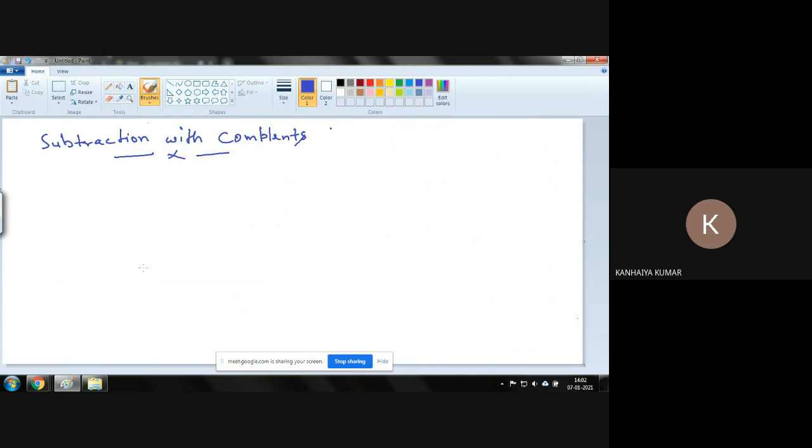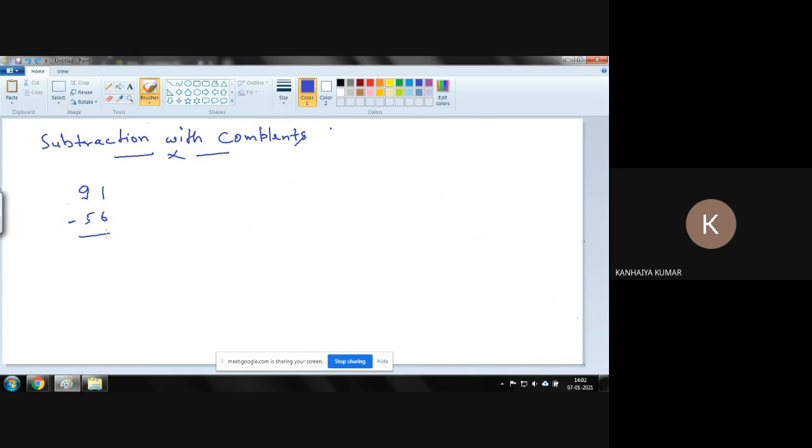So now let's start our discussion of subtraction with complements. While learning in our elementary education system, you have the borrowing concept. For example, if you have 91 minus 56, you have to borrow from 9, so it becomes 11.